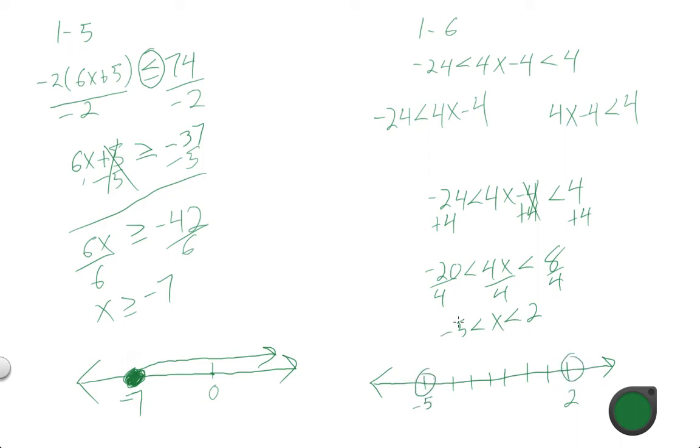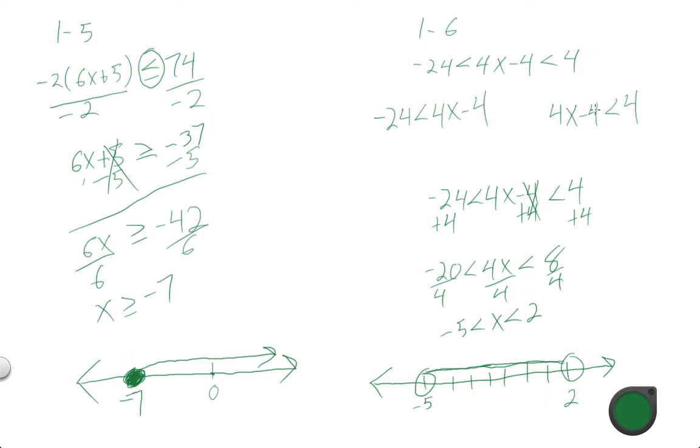And x is greater than -5, so our arrow is going to start going this way, and x is less than 2, so this one's going to go this way. It's all of these numbers in between the two, but not including them. Any of these values in here would make this inequality true.